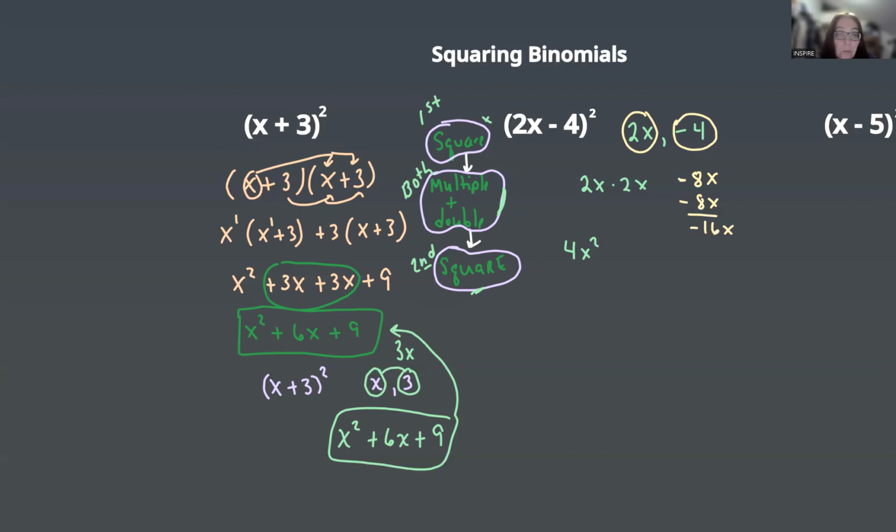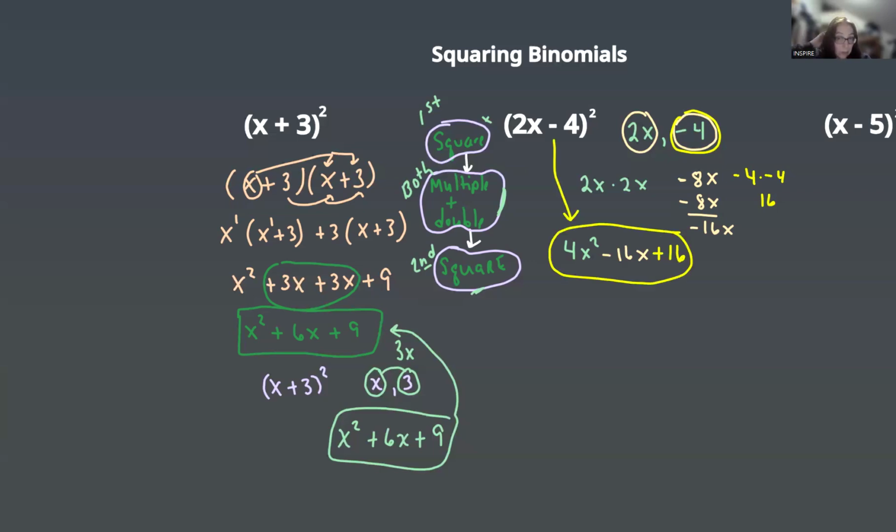And then the last thing we're going to do is square the last term. The last term was a negative 4. Negative 4 times negative 4 is positive 16. And there you go. You just squared that binomial.